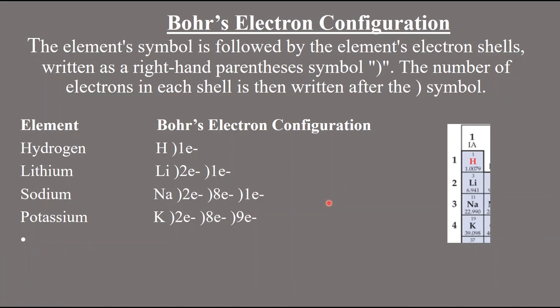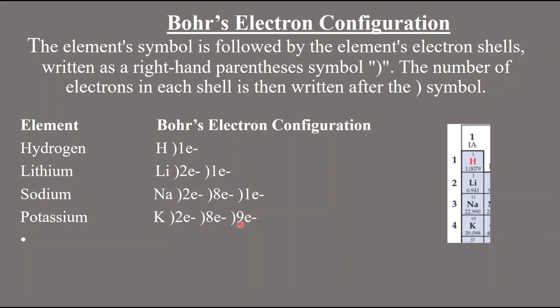Before we look at the refinement of Bohr's model, let's write down Bohr's electron configuration for potassium. Potassium is from group 1A with 19 electrons, and group 1A atoms are supposed to have one valence electron. When we write down Bohr's electron configuration, we have the element symbol. The first right-hand parenthesis is the first shell, with 2 electrons. Then the second has 8 electrons. And then the third has 9 electrons.